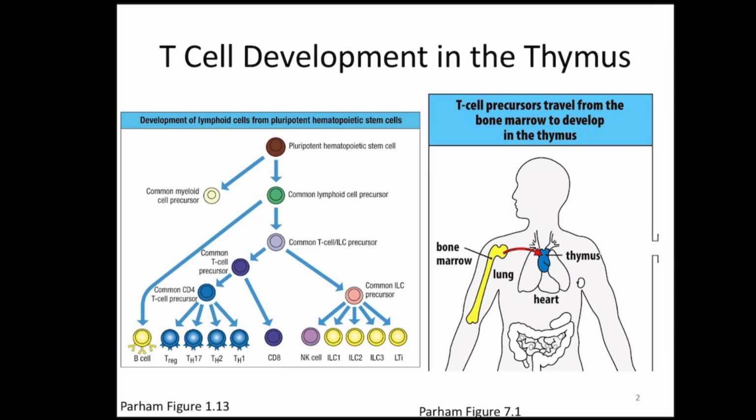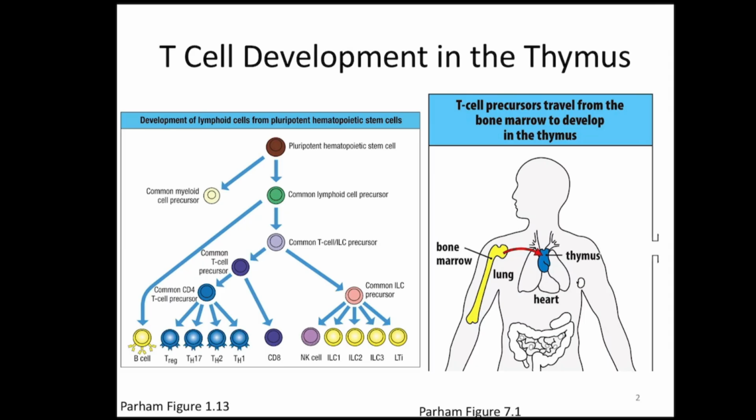So yes, there are some earlier steps where that hematopoietic stem cell has to decide if it's going to be a myeloid cell or a lymphoid cell. There's a step where it has to decide B cell or T cell. We're starting with the cell having already decided T cell and heading to the thymus with the events that we're going to be talking about today.